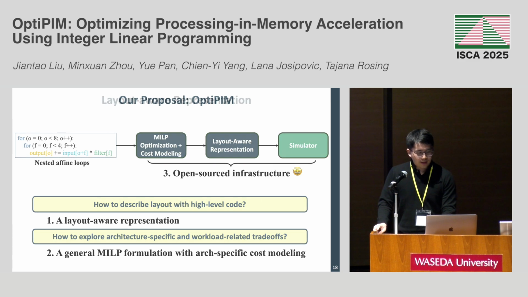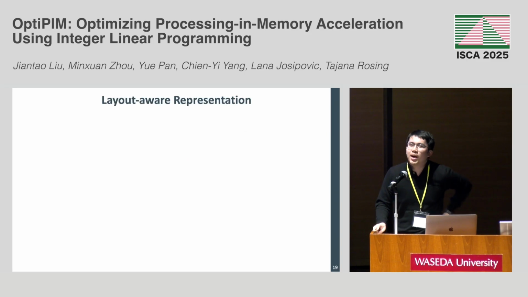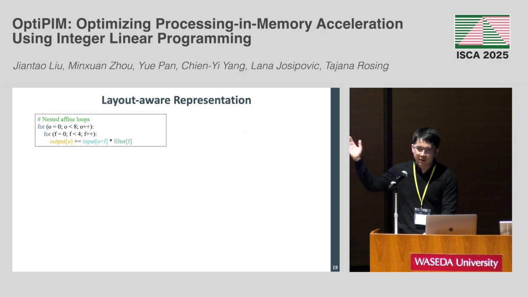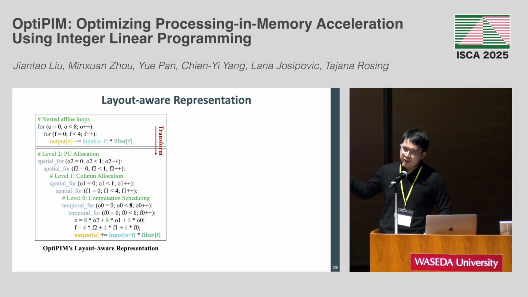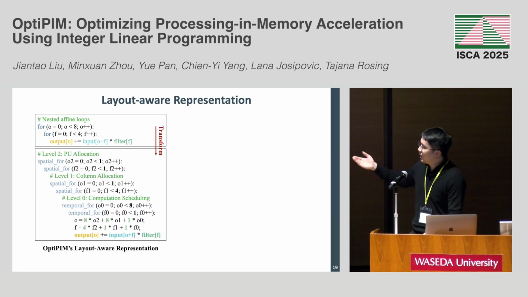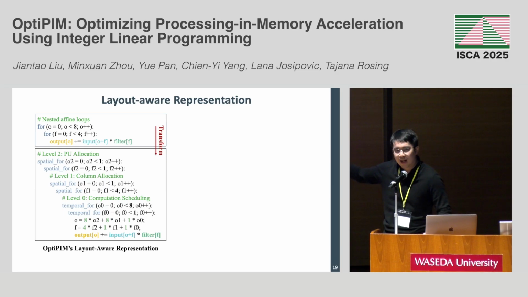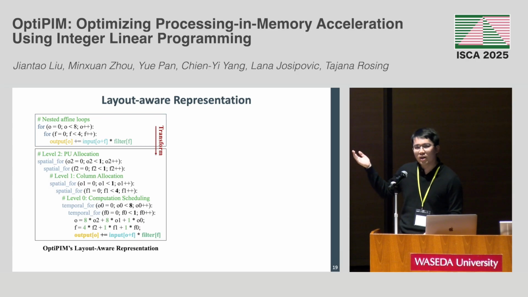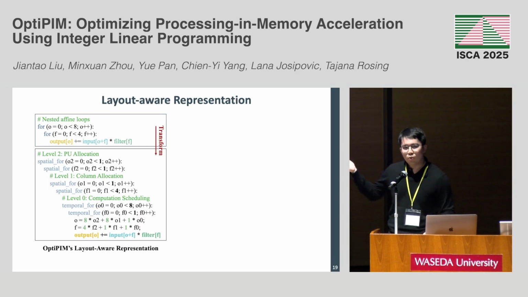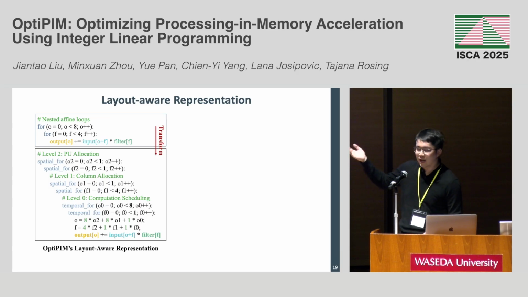Now let's take a look at what we actually mean by layout-aware representation. For the input workload, the nested affine loops we have seen multiple times now, we will transform it into another nested loop format, like what we're showing here, which is composed of a bunch of loop levels, like those green lines you see here, 3 levels. Each one of them encodes some of the hardware information. Inside each level, we have different types of for loops, like spatial for and temporal for.